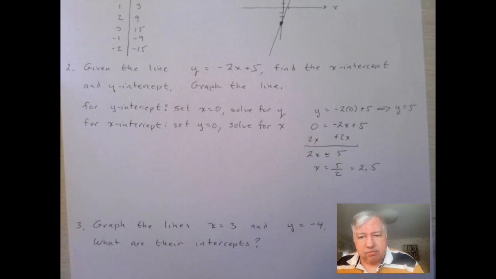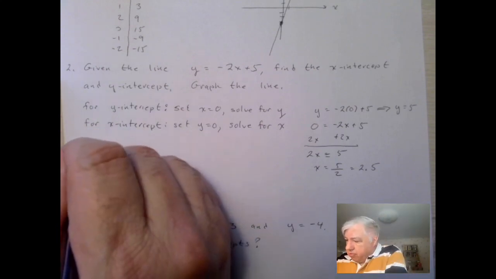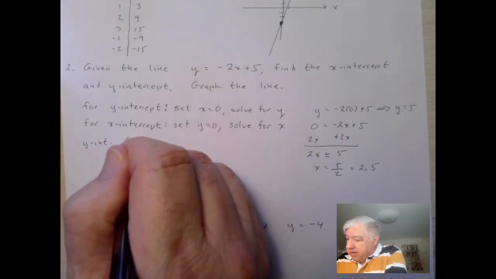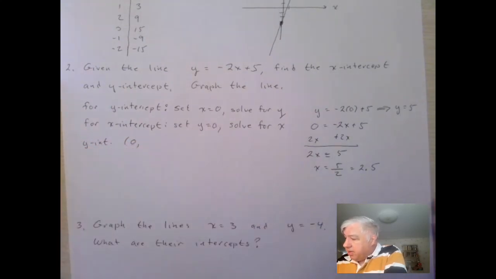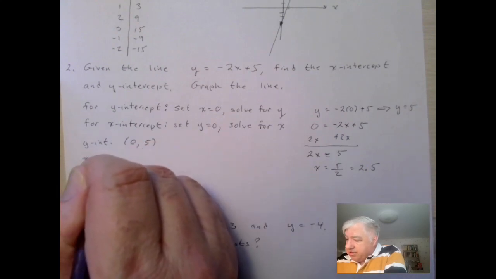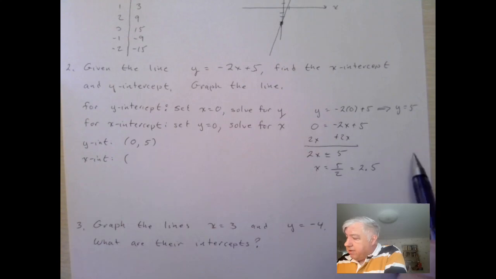Now, to be a little more precise, the x-intercept and y-intercept are points, and points have two coordinates, an x-coordinate and a y-coordinate. So the y-intercept, really, since x is 0, we give it by the point (0, 5) in this case. And the x-intercept would be (2.5, 0).